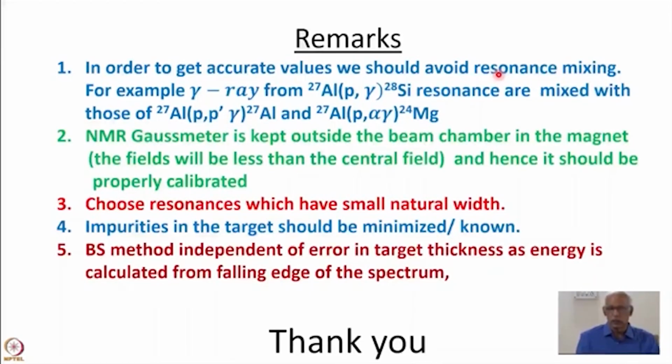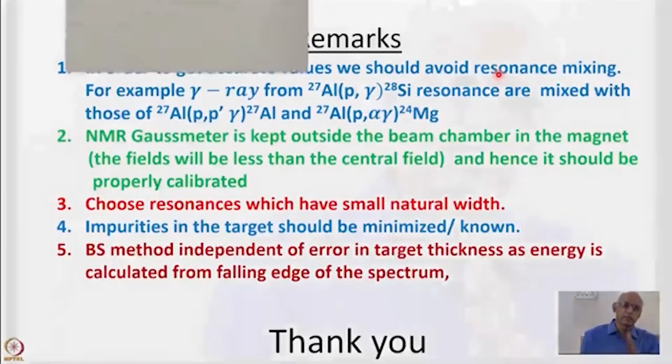Therefore, the target thickness error in the energy will not be contributing, and therefore the accuracy will be better, because we are using the falling edge of the spectrum. The falling edge corresponds to the back-scattered particles from the surface. So these things should be taken into account if you want a very good value of the energy.